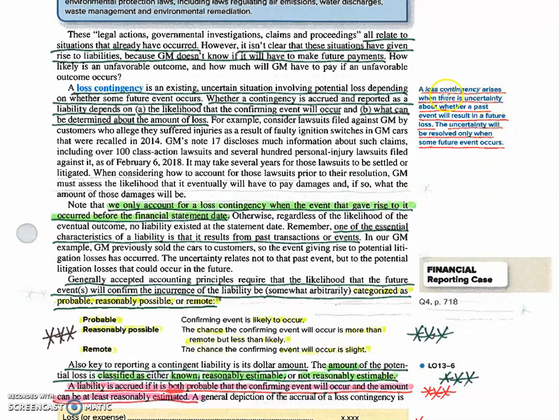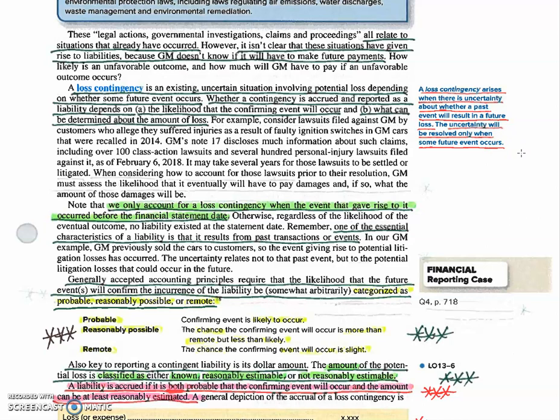And right here, notice a loss contingency arises when there is uncertainty about whether a past event, this has to be something past, will result in a future loss. The uncertainty will be resolved only when some future events occur. Now some people want to set up a liability.